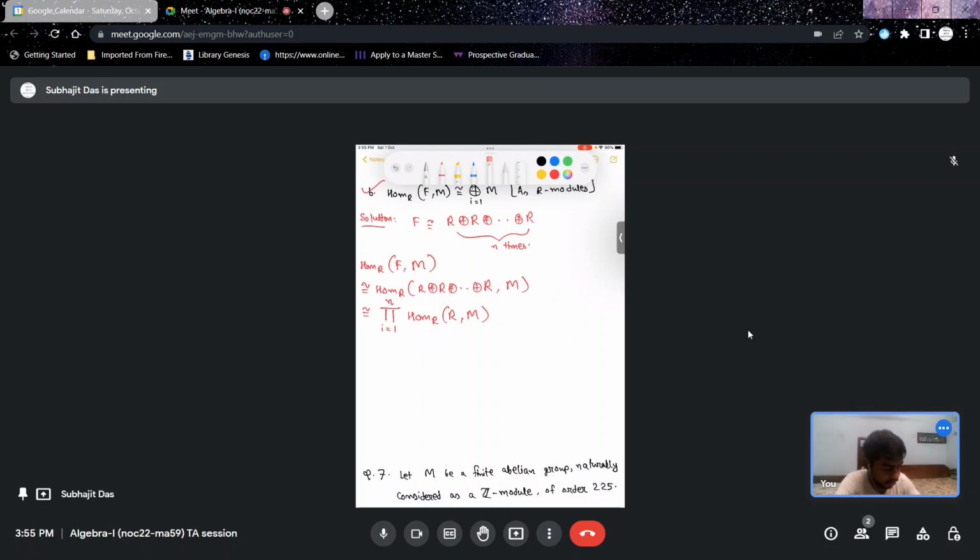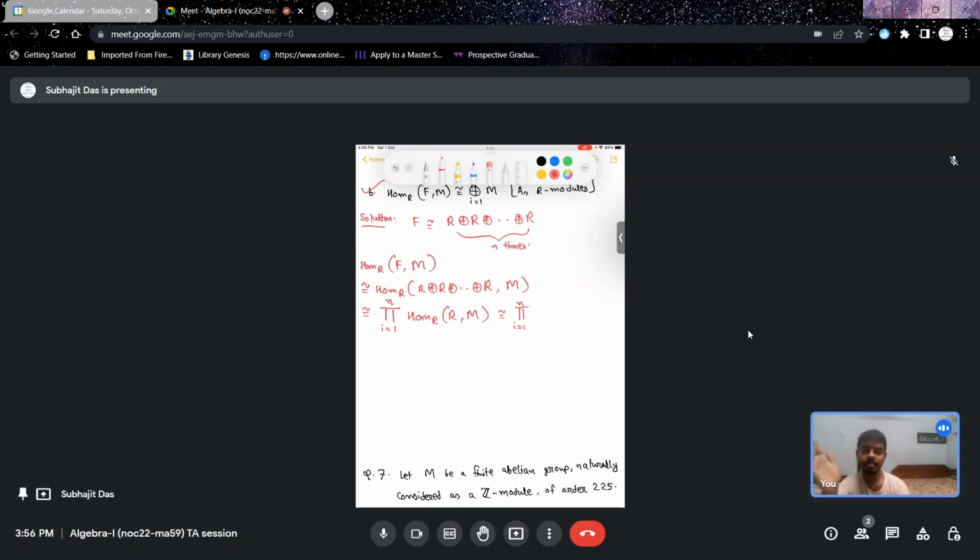Now finally this last part is again easy. Observe what Hom_R(R, M) is: the set of all morphisms from R to M, the set of all R linear maps from R to M. Every R linear map from R to M is fully determined by where it takes 1.